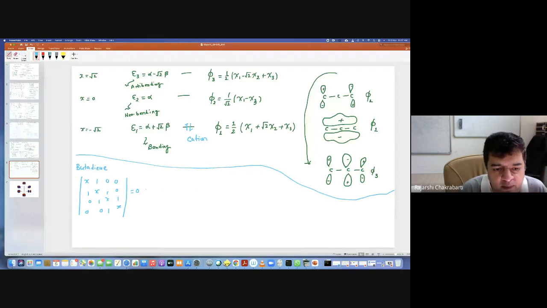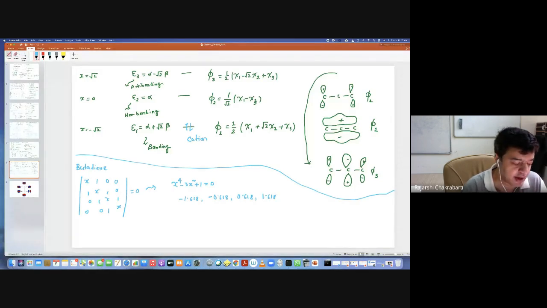And if you expand this, I'm not going to do it. You get x to the power 4 minus 3x square plus 1 equals 0. And it will give you 4 solutions to your x. And these are minus 1.618, minus 0.618, plus 0.618, and plus 1.618.